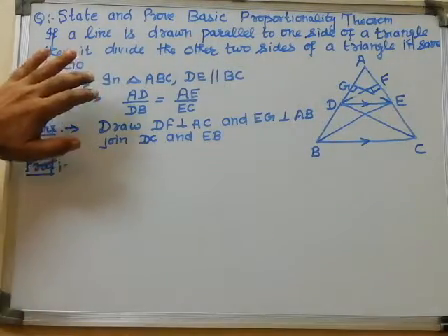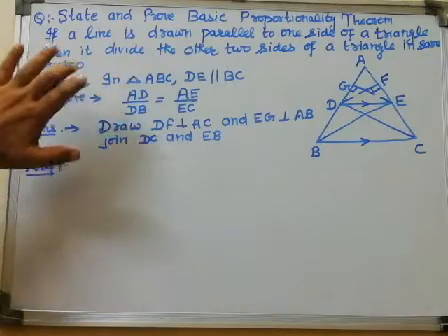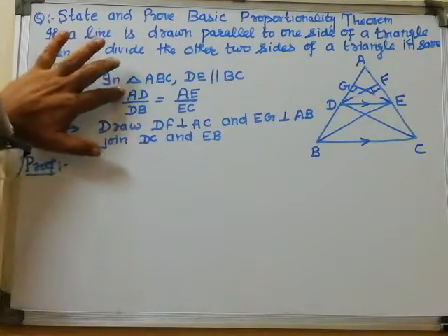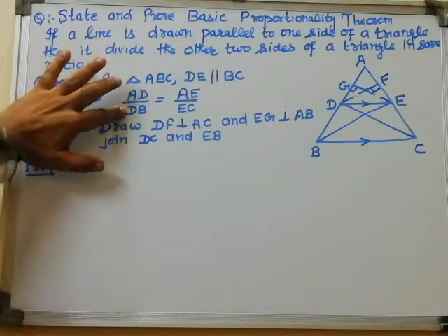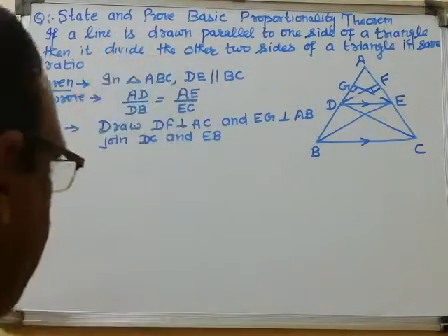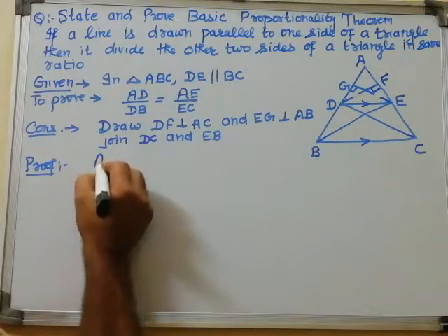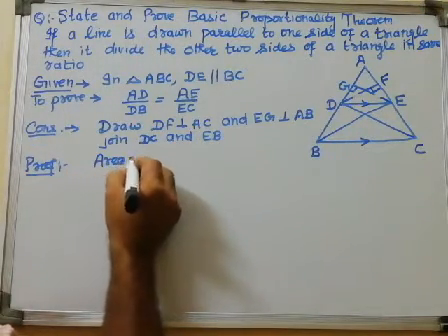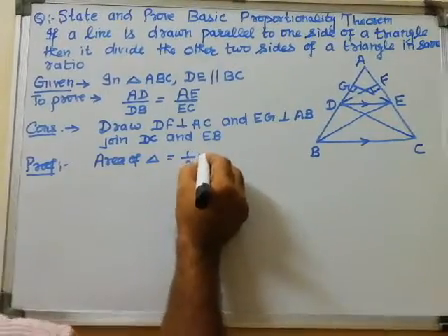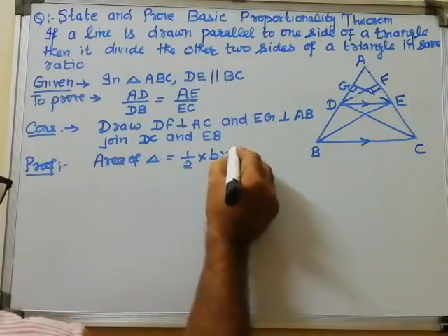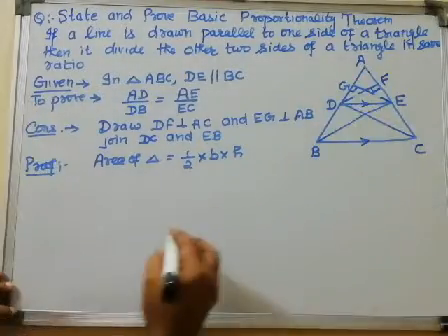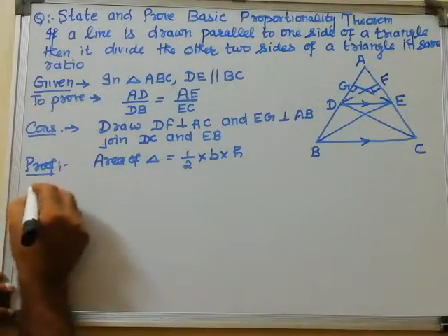You have to take area of 4 triangles with base AD, with base DB, with base AE and base EC. As you know that area of a triangle is half of base into height. First you take triangle ADE.